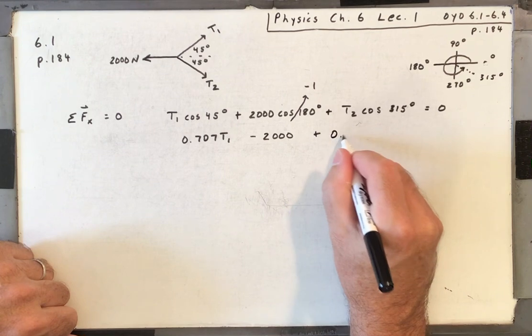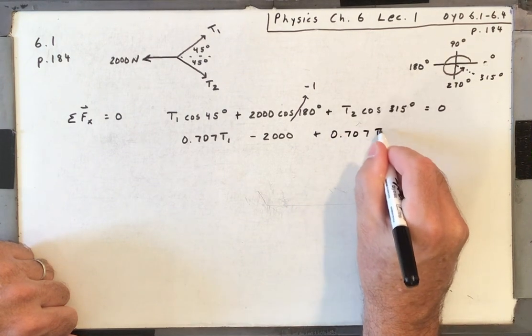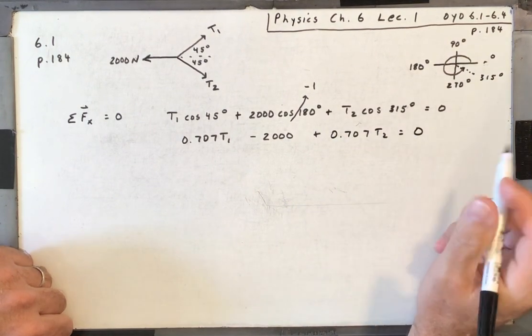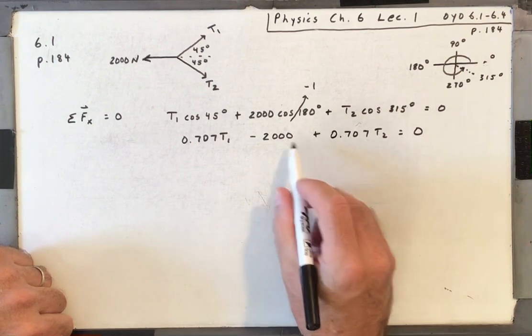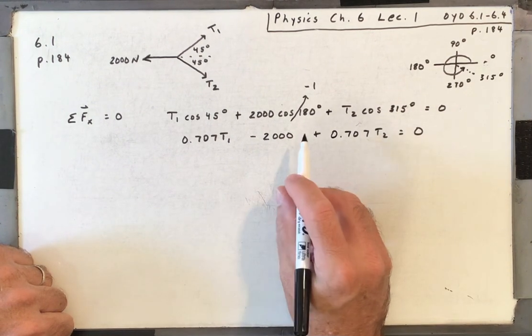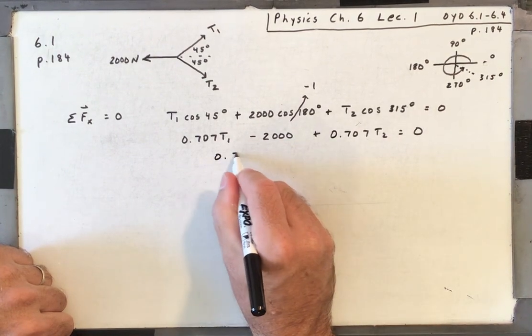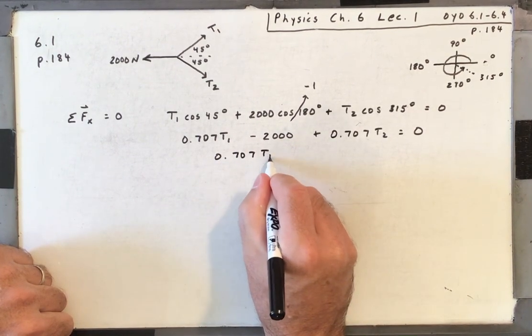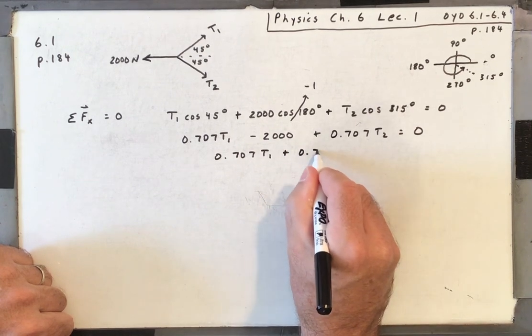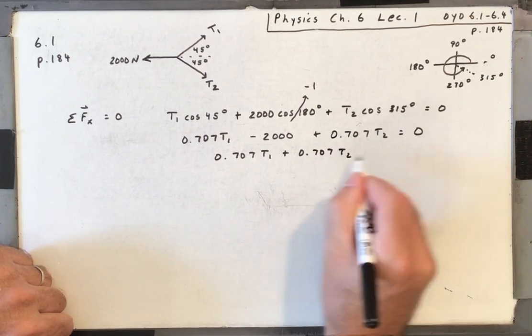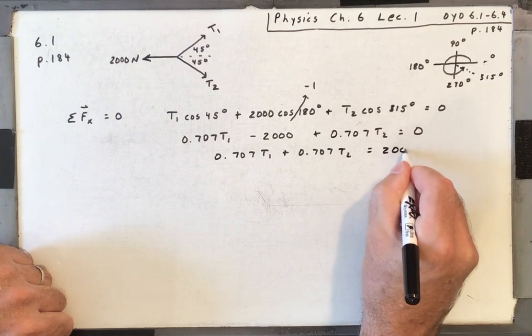So plus another 0.707 T2 is equal to 0. So we're kind of stuck there, but I'm going to put that negative 2,000 over to the right. So I'm going to have 0.707 T1 plus 0.707 T2 is equal to 2,000.